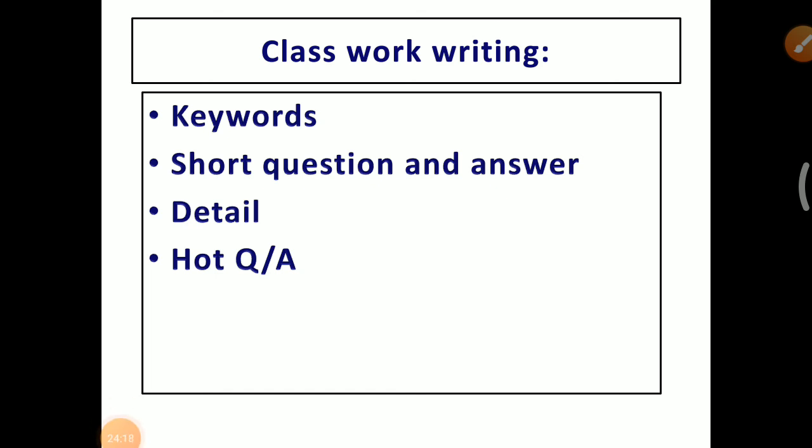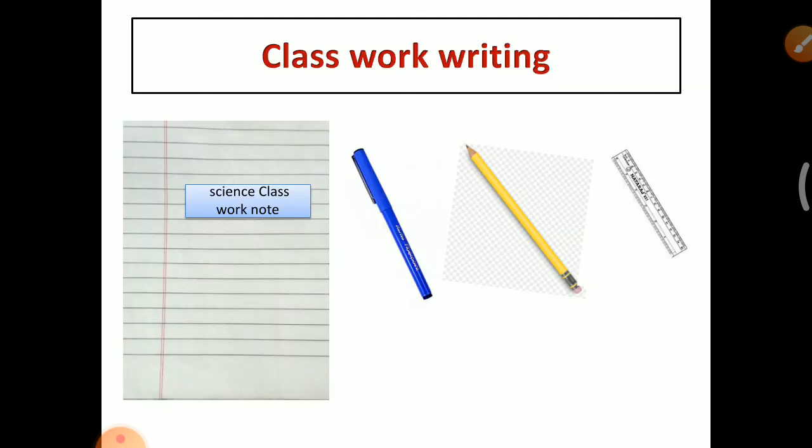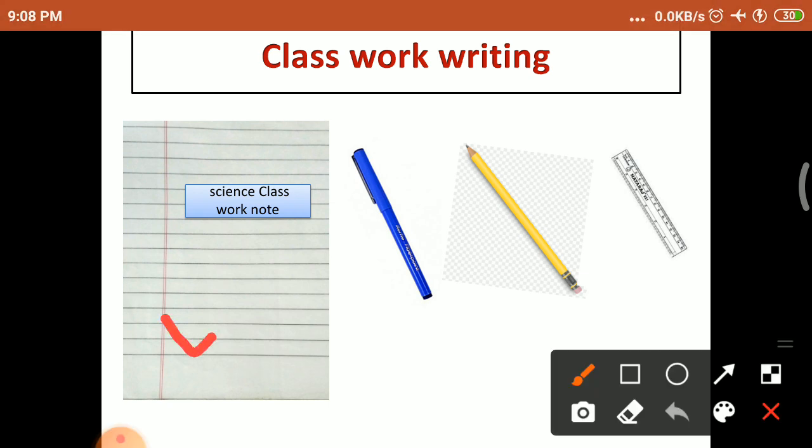The next one, we are going to write the classwork. Under this classwork writing, we are going to write keywords, short question and answer, detail and hard question and answer. Before writing the classwork, you have to take your science classwork note, blue stick pen, pencil and scale.